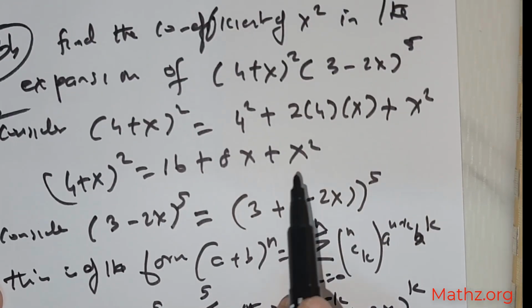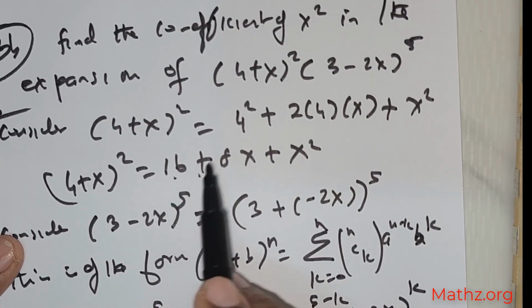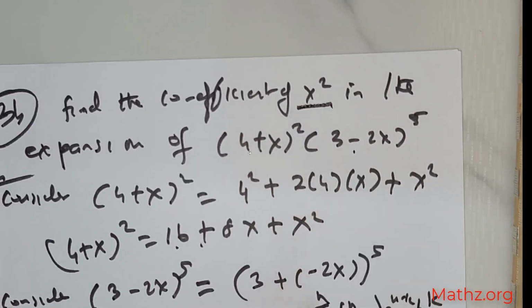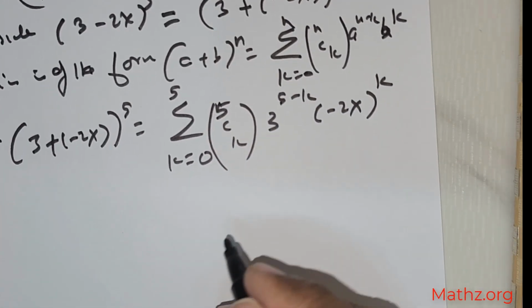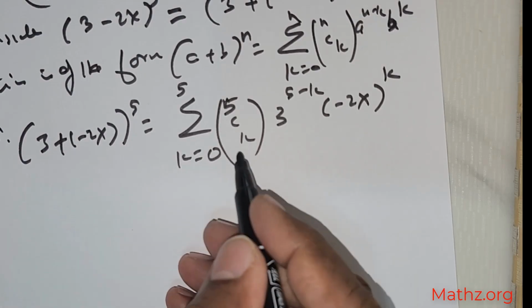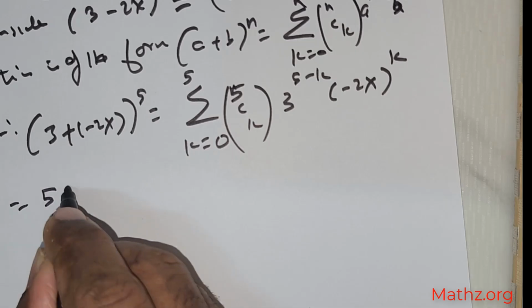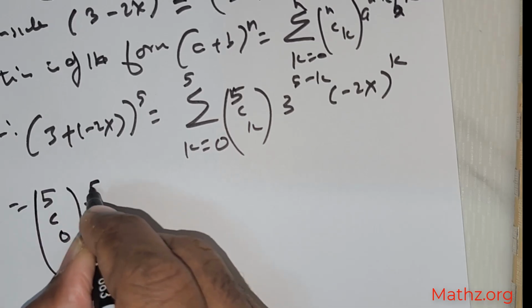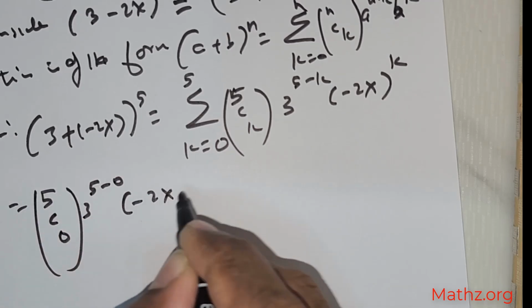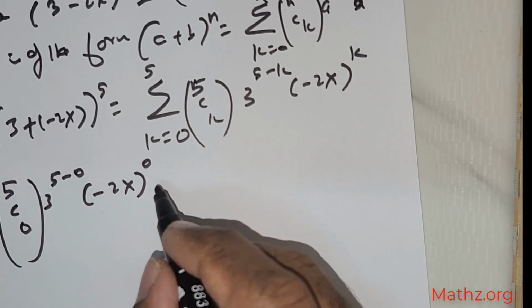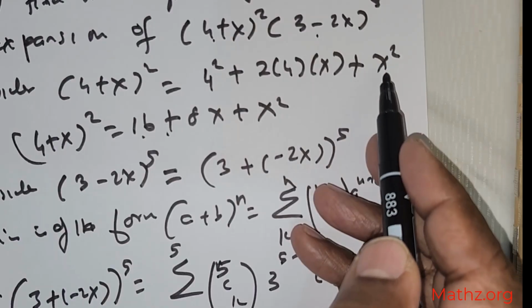Now remember, when we multiply this component with this component, we are looking for x squared, so we don't need to go to higher powers. When k is equal to 0, I'm going to write the first few terms. K = 0 gives 3 raised to the power of 5 minus 0 times (−2x) raised to the power of 0. That is one term, because we got an x squared here.